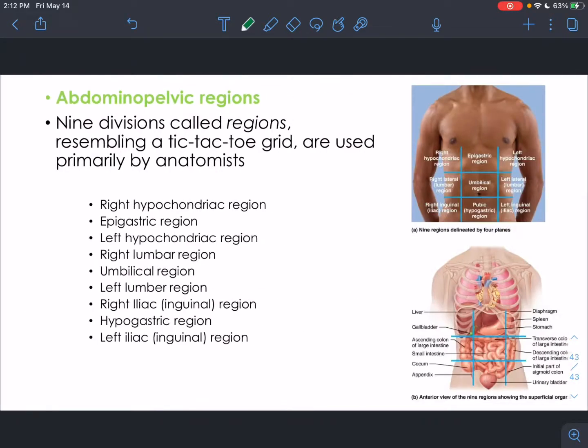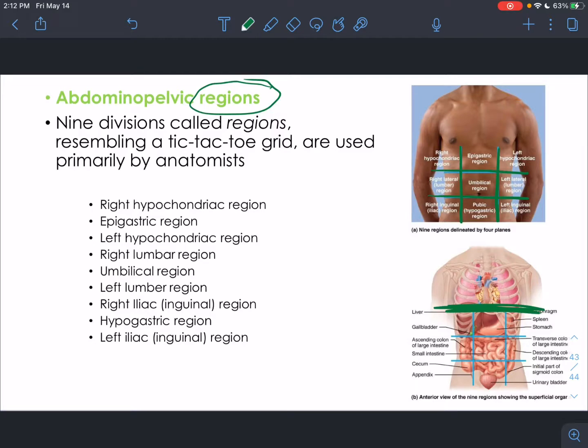Okay, and similarly, we have abdominal pelvic regions. Okay, and regions, instead of having 4 like the quadrants, we now have 9, kind of a tic-tac-toe type of board here. And again, abdominal pelvic, so it's below the diaphragm. And it's just more specific way to divide the abdominal pelvic region.